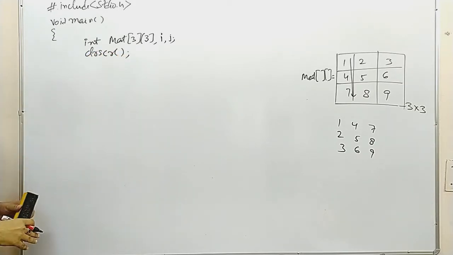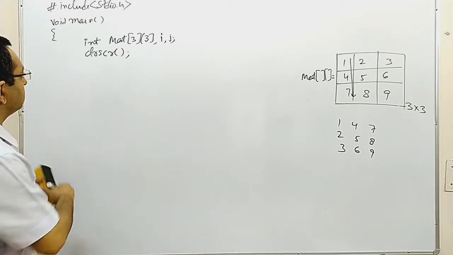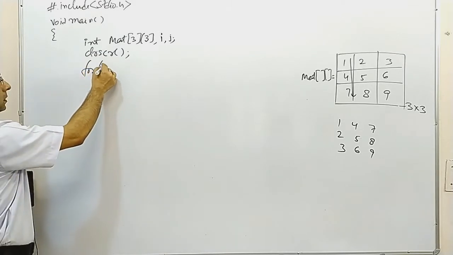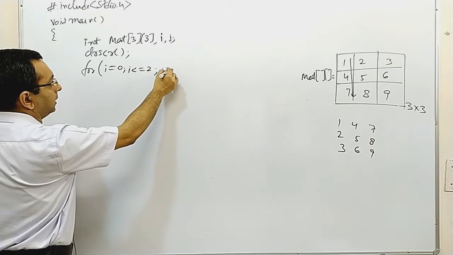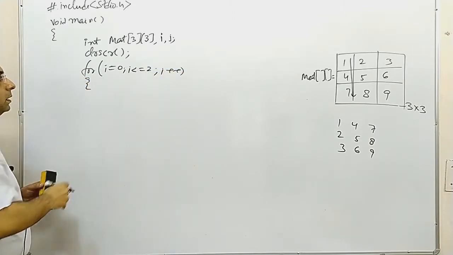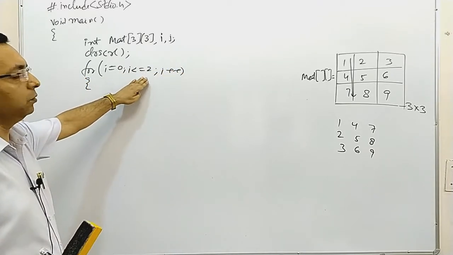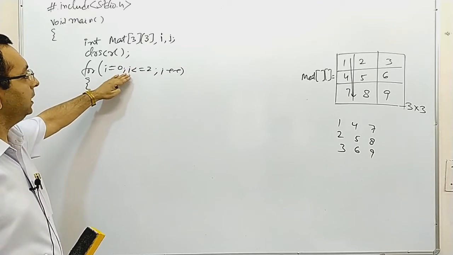Now first of all we have to take input as the normal matrix. So for i equal to 0 to 2 and i plus plus. So 0 1 2, 3 elements, 3 index numbers will be there.